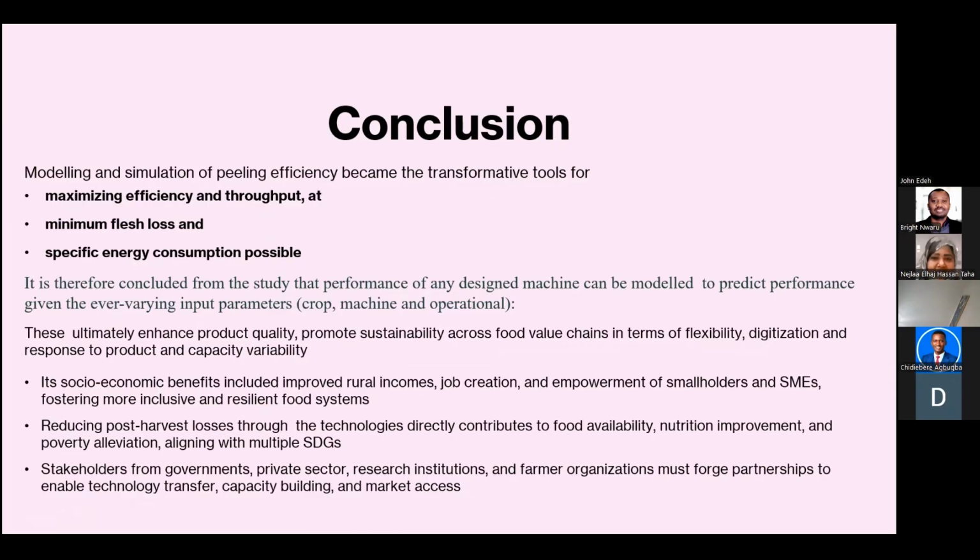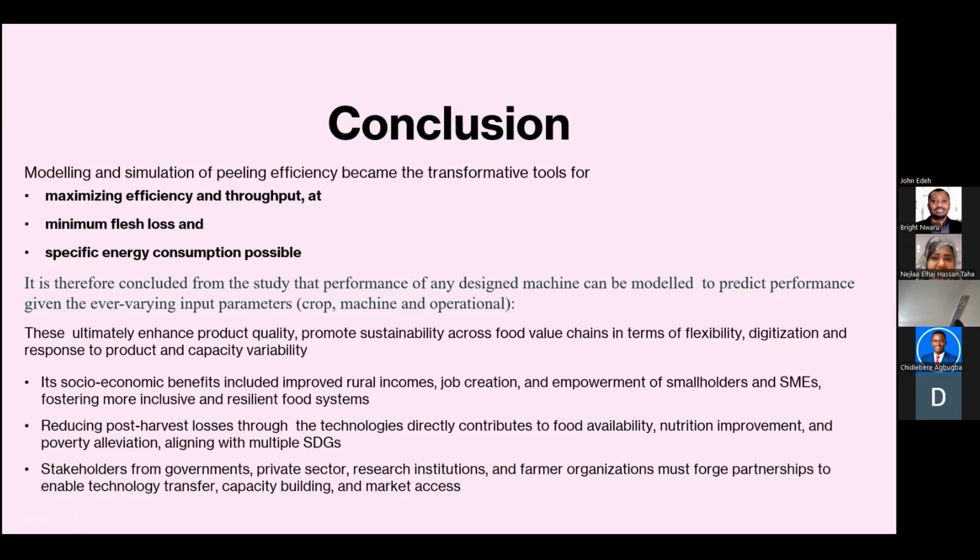It is therefore concluded from the study that the performance of any designed machine can be modeled to predict performance given ever-varying input parameters, which are crop, machine, and operational. So this ultimately enhances product quality, promotes sustainability across the food value chain, and digitization in response to product and capacity variability.